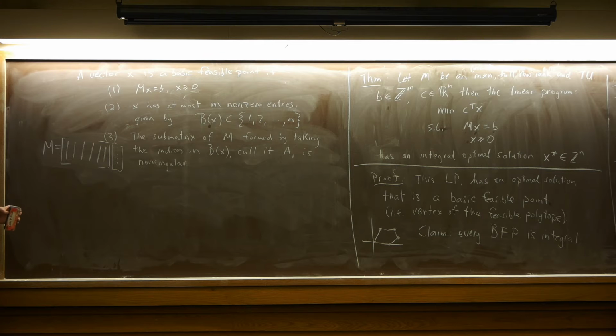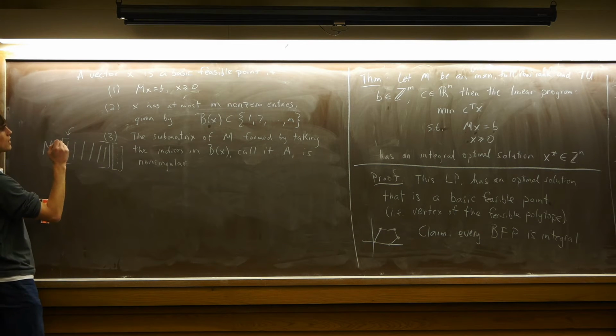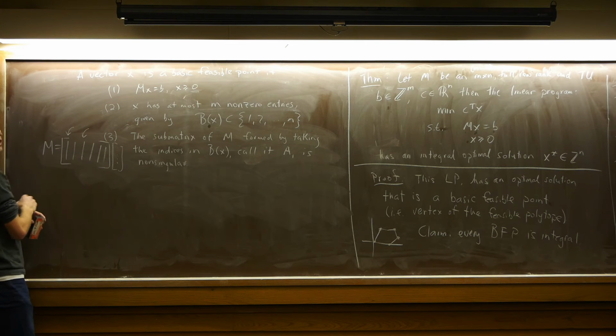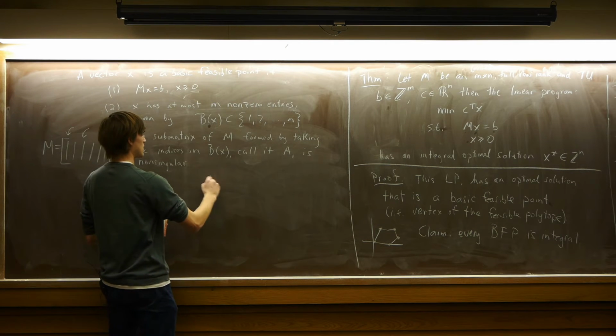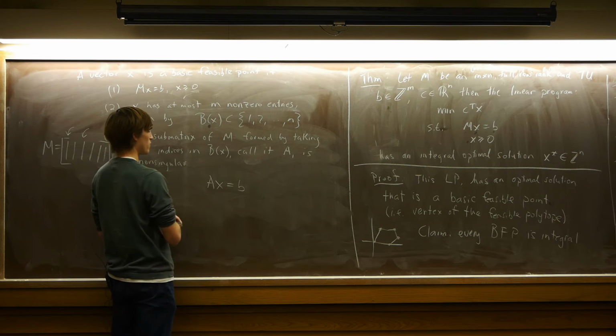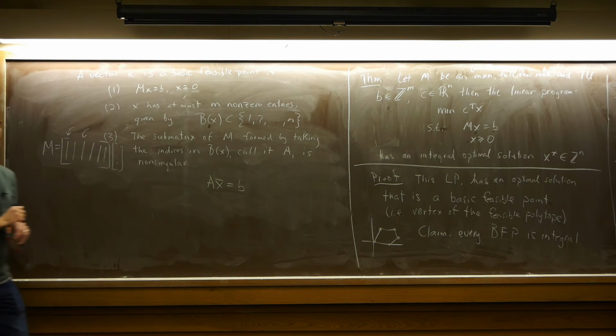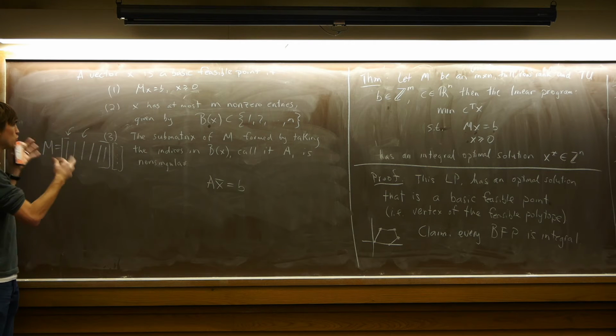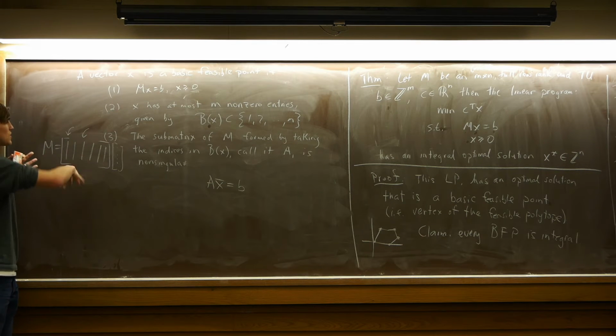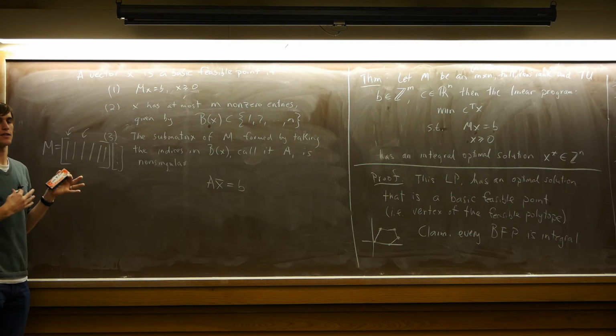Then I want to choose just m columns from here. Basically, what I'm going to get to next is that I'm going to be able to solve this, where x bar is just the non-zero entries of x. So I don't know how I would show an example so much as you just take your matrix M and choose m columns so that it's non-singular.